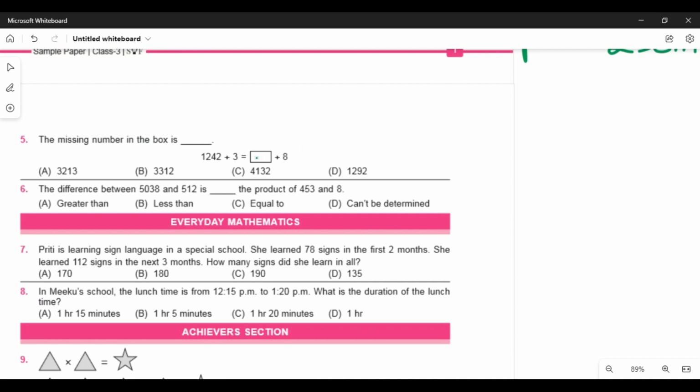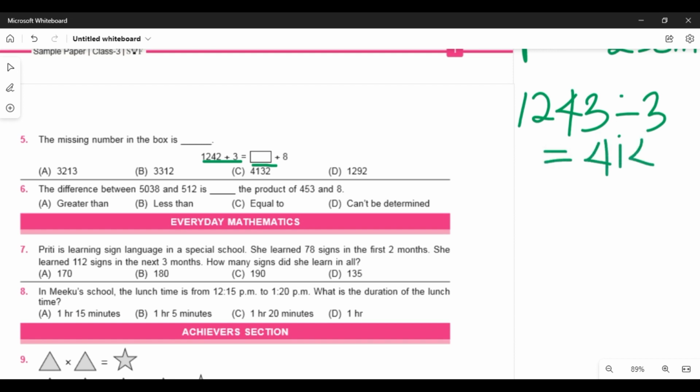For us to determine this missing number, we need to first know what this value is, because this value is equal to what this value will give us. 1243 divided by 3, if we divide that, we are going to get 414. So that means the value we divide this part will also be equal to this other part.